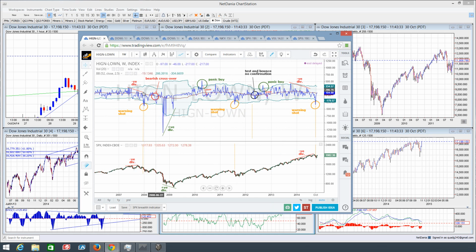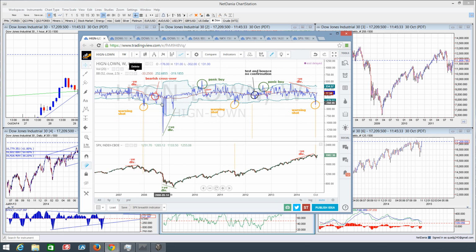It's comprised of the 52-week highs for individual stocks minus the new 52-week lows in the New York Stock Exchange on a weekly basis. This blue line that you see here is that calculation, and the lines are connecting those points on a weekly basis.